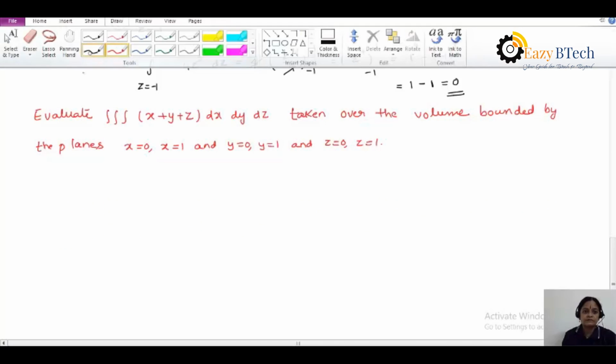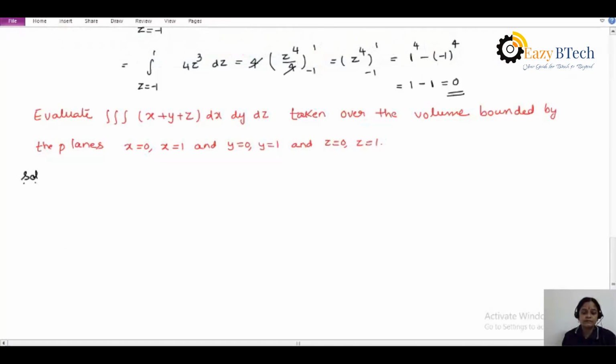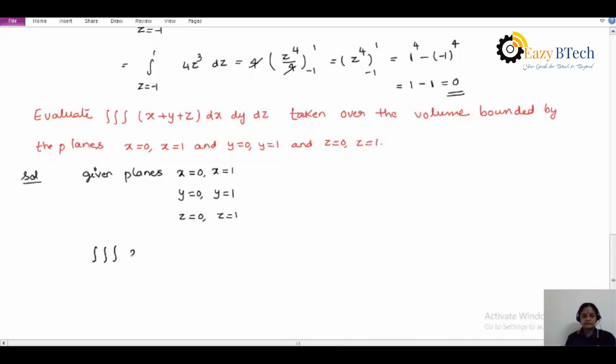Okay, the solution. Given planes are x is equal to 0, x is equal to 1, y is equal to 0, y is equal to 1, z is equal to 0, z is equal to 1. So now the integrand term x plus y plus z and dx dy dz.